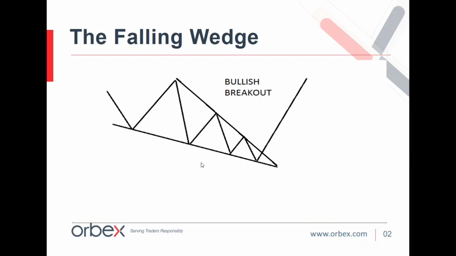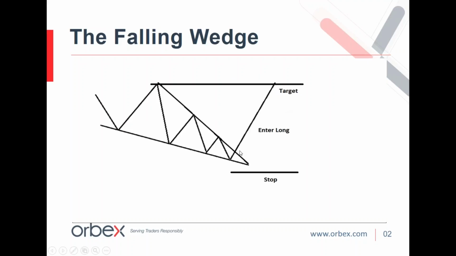So once we've gone long on the breakout, our basic target is a retest of the top of the structure, okay? Whilst indeed this is a bullish pattern and we are looking for a breakout, you will often find that price retests the top of the falling wedge structure only to then reverse, okay?